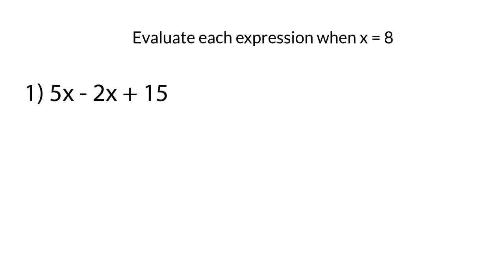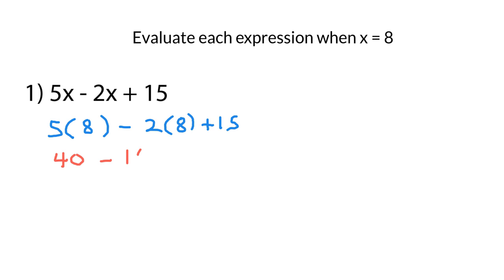In these next couple of examples, we're going to replace the same variable on more than one occasion in the same expression. So here you can see we've got 5x and we've got 2x. So we're just going to replace it twice with 8. So let's do our substitution. I'm going to rewrite this as 5 times 8 subtract 2 times 8 plus 15. 5 times 8 is 40.